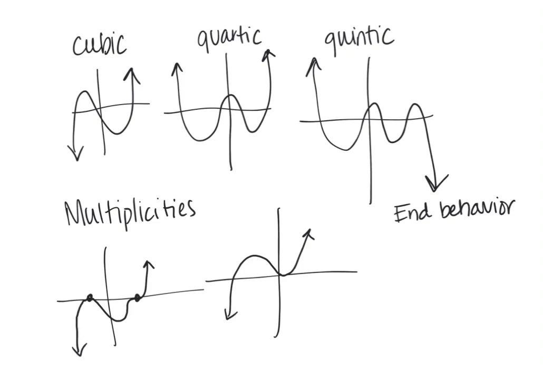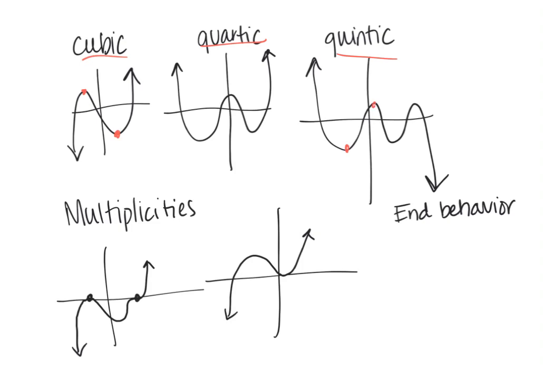A few things to keep in mind when we are doing these polynomials is, what do we know about them? Well, we can look at the graph to tell if it's an even or an odd degree. Our odds, our cubic and our quintic, have opposite end behaviors, whereas our quartic and our quadratic have the same end behaviors. We can also look at how many turning points there are.